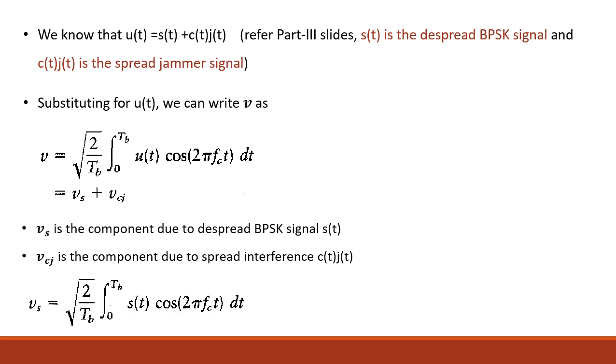So the expression for Vs is root of 2 by TB integral 0 to TB S of t cos 2 pi fc t dt, and VCJ will be equal to root of 2 by TB integral 0 to TB C of t J of t cos 2 pi fc t dt. So Vs is the component corresponding to the DS BPSK signal S of t, and VCJ is the component corresponding to the spread interference signal C of t J of t.